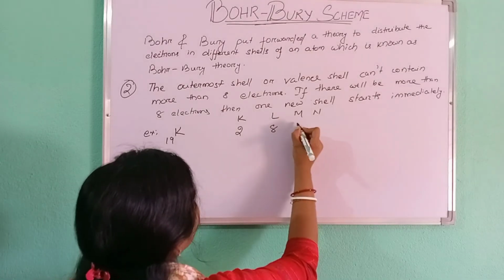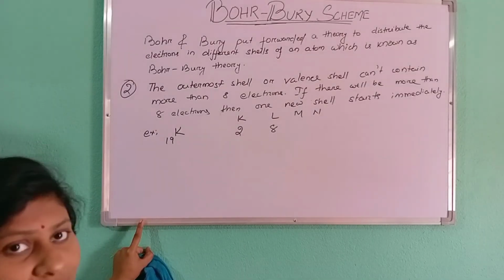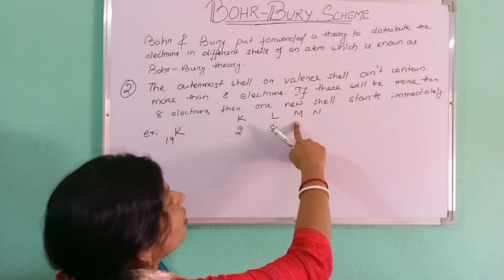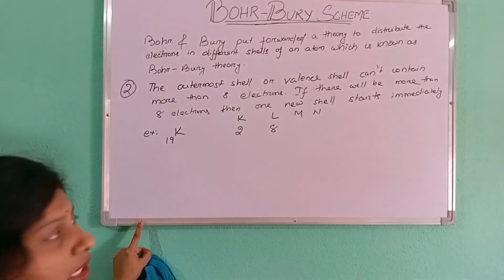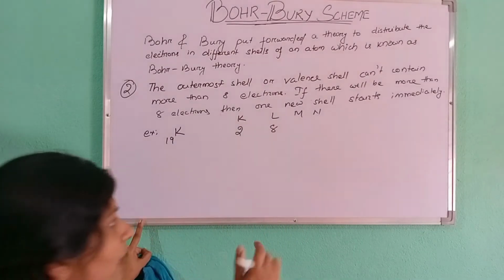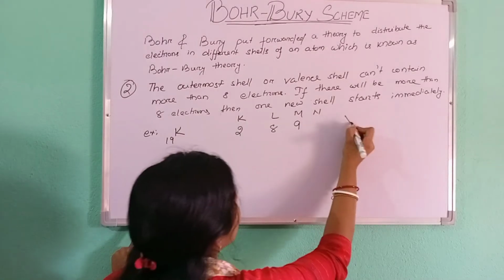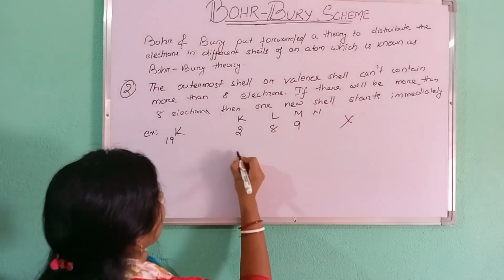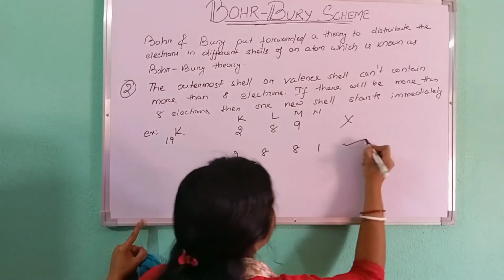If I write in M cell, it has the capacity to contain 18 electrons. But since it is the outermost cell for this one, we can't accommodate 9 electrons here. If we write 9 electrons here, it will be wrong. We have to write 2, 8, 8 and 1. This is the correct form.